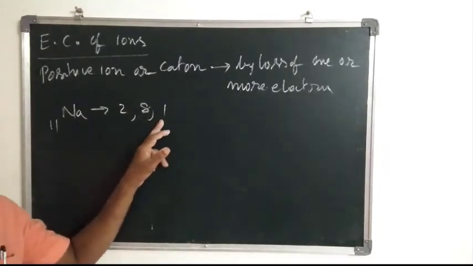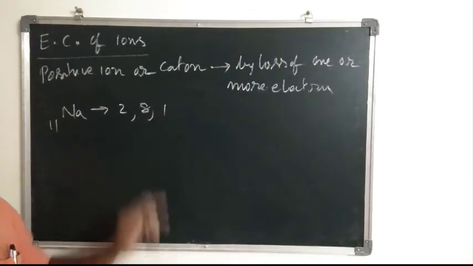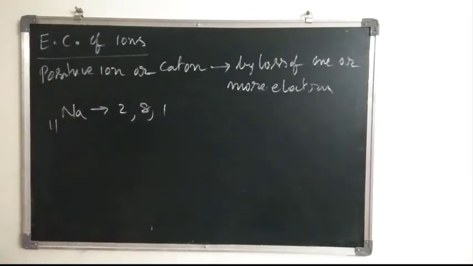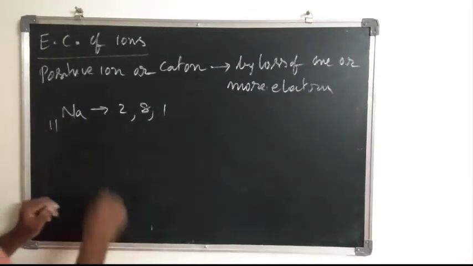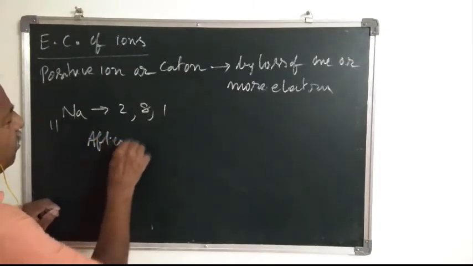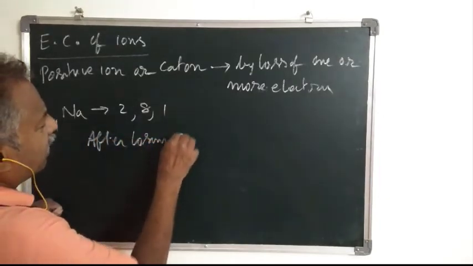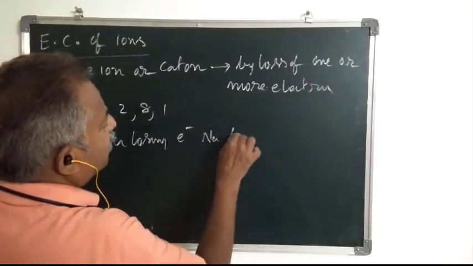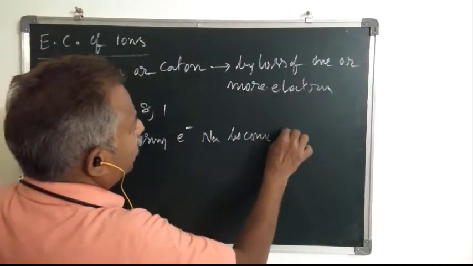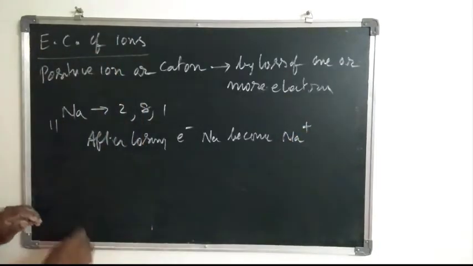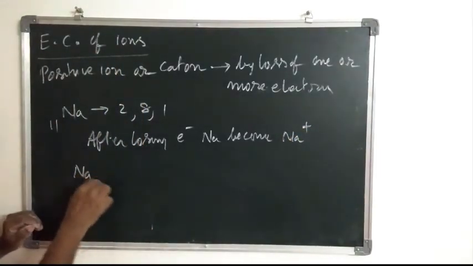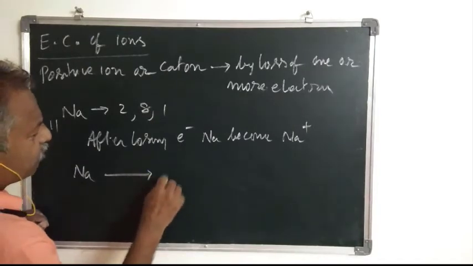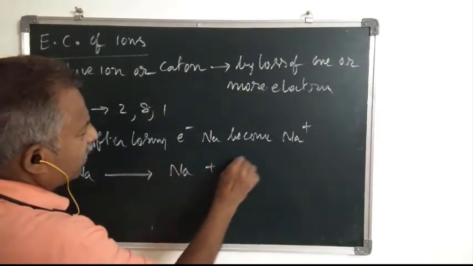Since the valence shell has only 1 electron, this valence electron can be lost very easily. Therefore, after losing the electron, sodium Na becomes Na+. How? From the sodium atom, 1 electron is lost.